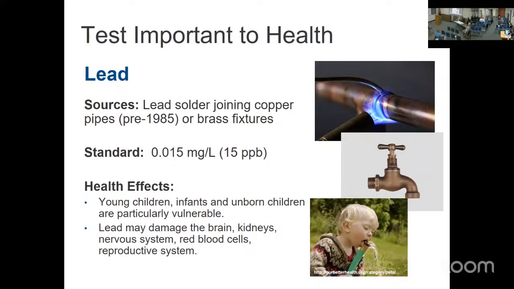Lead is also a component of brass. So occasionally someone that sampled from a brass fixture will notice really high levels of lead. Notice that standard, 0.015 milligrams per liter, that's a really small number. There's no known benefits to lead in the human body. So the more we can reduce our exposure to lead, the better off all of us will be, particularly young children.